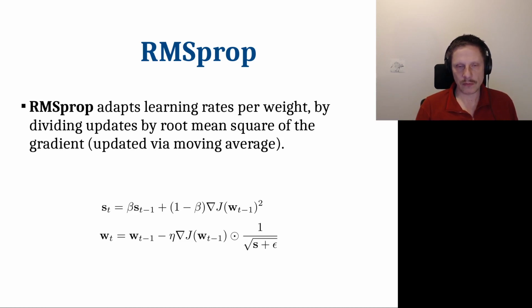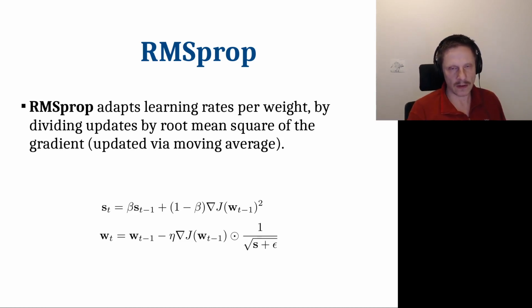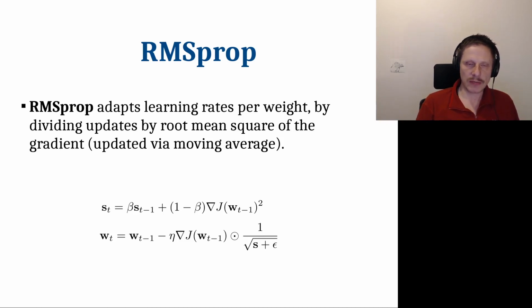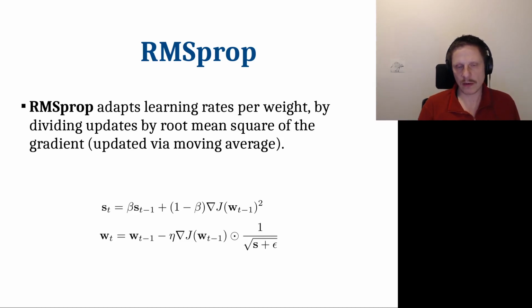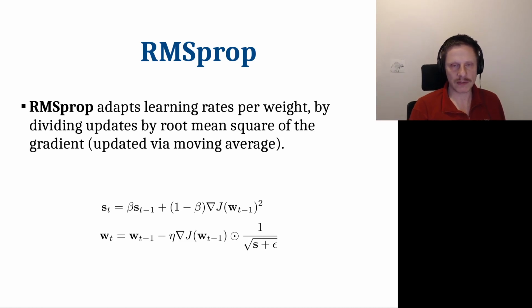Then in the second part of the formula, in addition to multiplying the gradient by the global learning rate eta, we also do an element-wise multiplication of this gradient by 1 over the square root of the term s that we computed in the previous line.